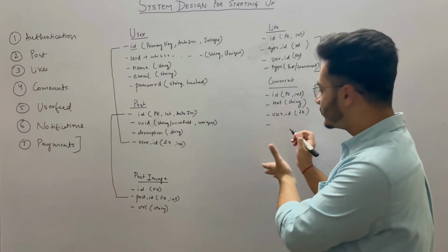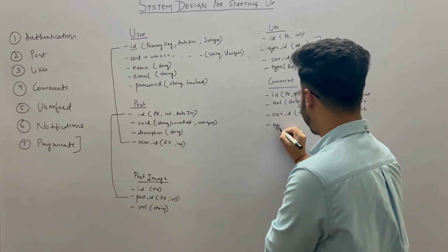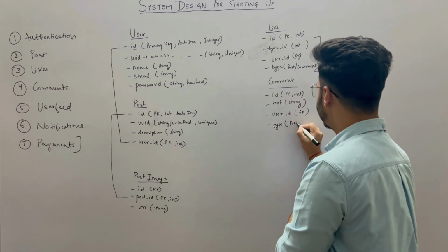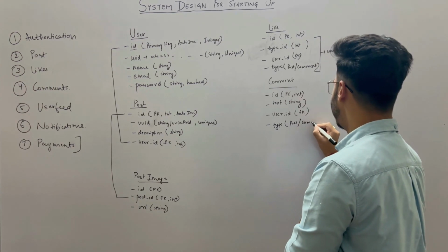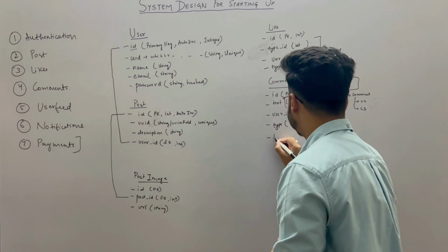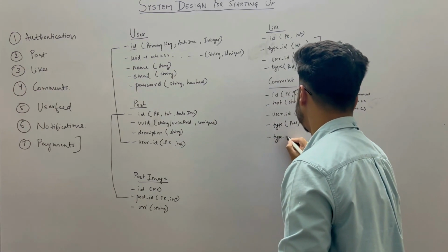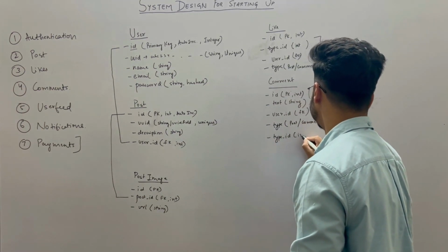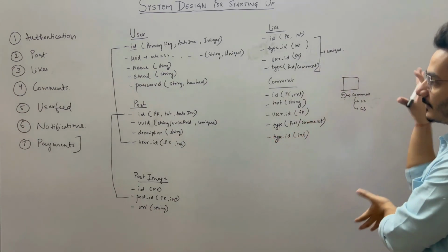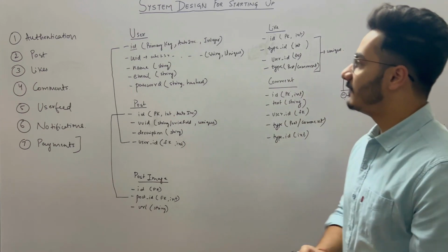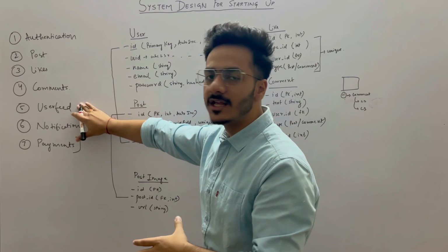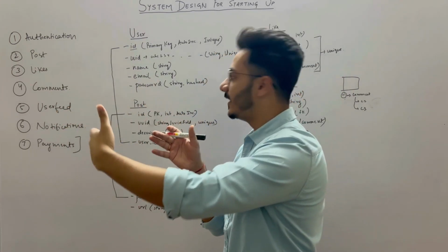So instead of having post ID, we can use type here, and this can have types as post or comment, and then we can have a type ID, and this will be integer. So this is a basic database schema that we have designed for it, and then there is no need for any table for this user feed. We will be talking about how to design this user feed later on.